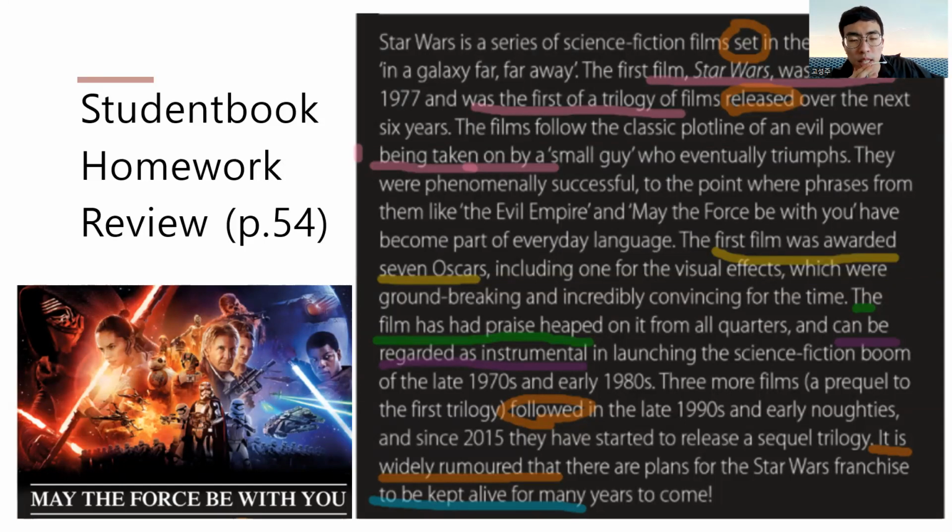So when we change this into active voice, we can say they, or who are they? Like all quarters. They have praised the film. Okay, this is simple. But when they change it into passive voice, the film has had praise heaped, right? From all quarters. Okay.